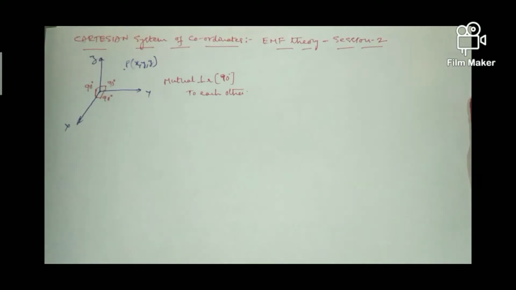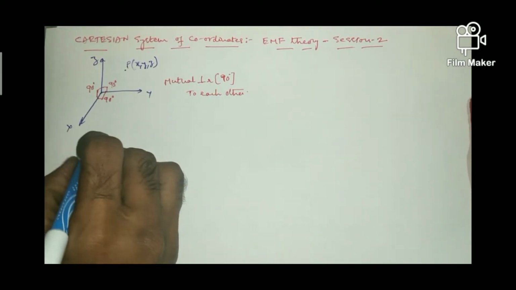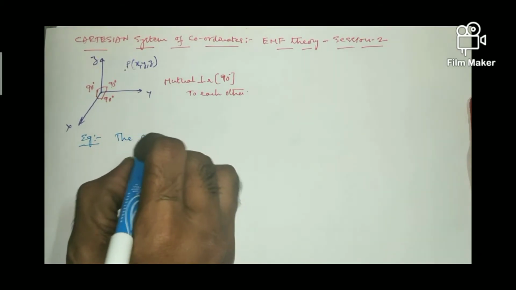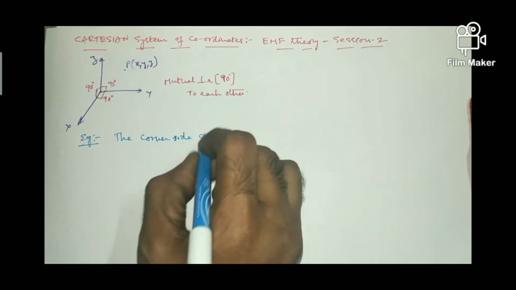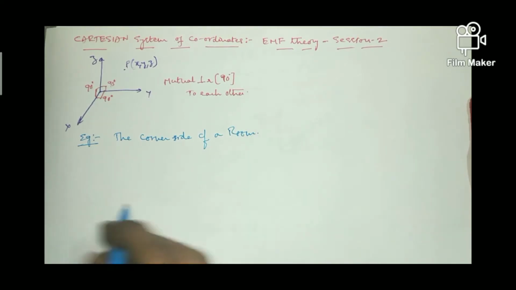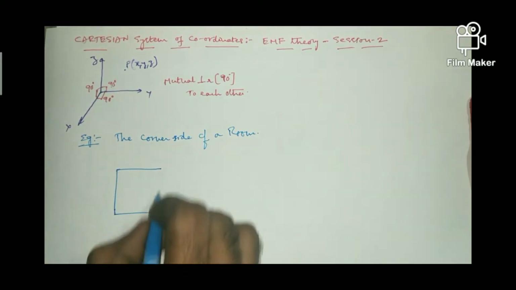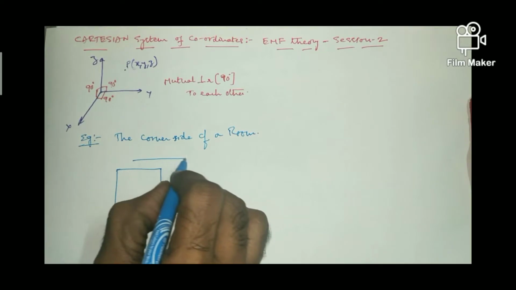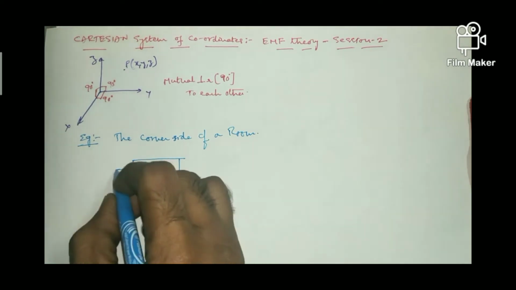This is something like if you observe the corners of a room, if you consider a cubical room and observe the corners, we can observe the three axes x, y, z, which are mutually perpendicular to each other as shown here.